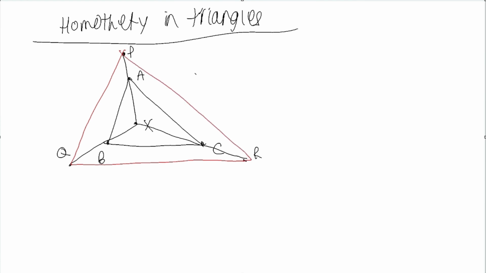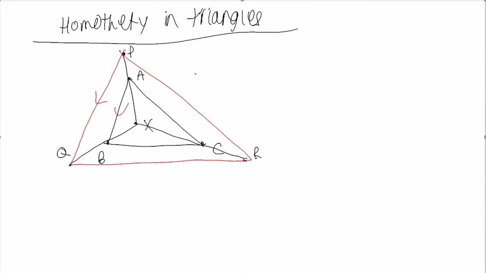So in other words, under this homothety, the points A, B, and C get mapped to points P, Q, and R, such that PQ is parallel to AB, BC is parallel to QR, and PR is parallel to AC.